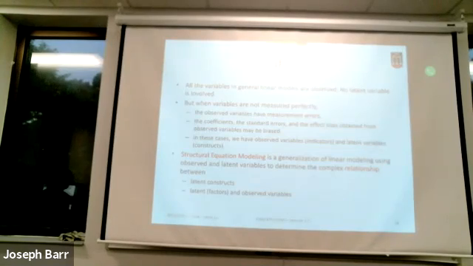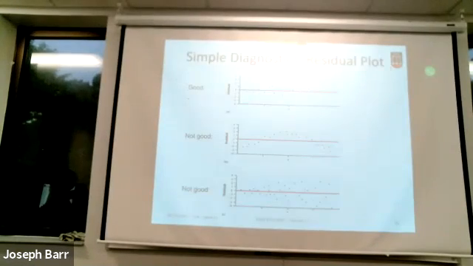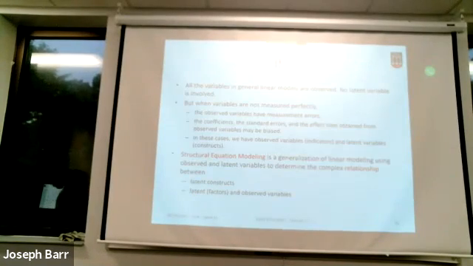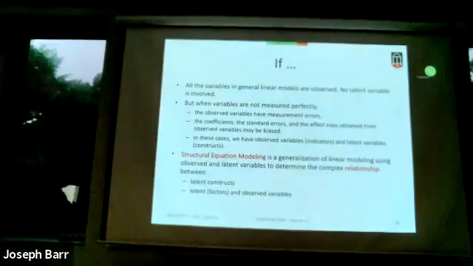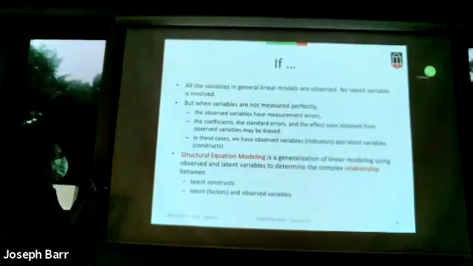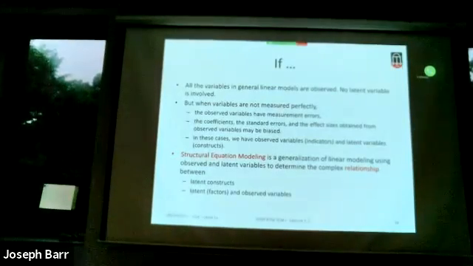So let's move forward to SEM. We talked about regression. In regression, all the variables involved here are observed variables. We have x, maybe x1, x2, x3, and we have dependent variable y. All of these variables are observed variables, no latent variable involved. What does that mean? We assume that observed variables are perfectly measured.